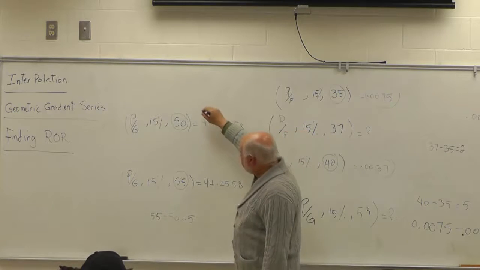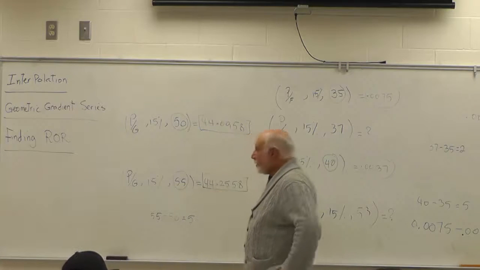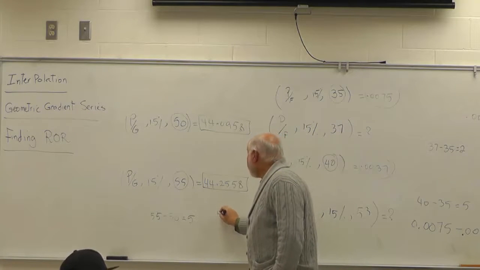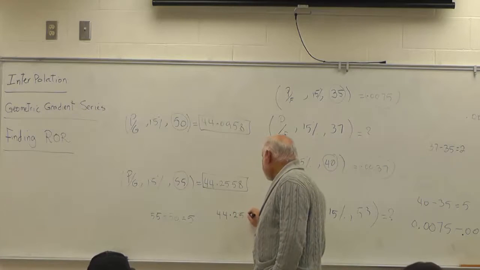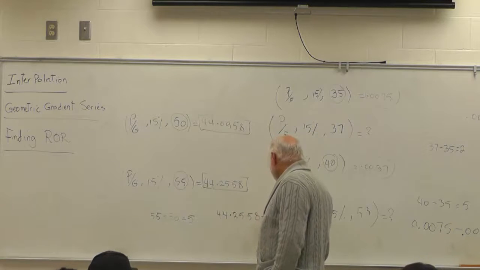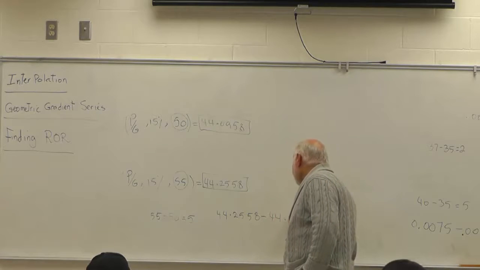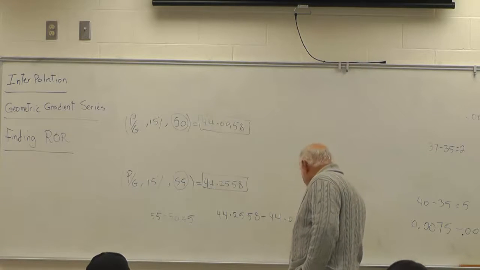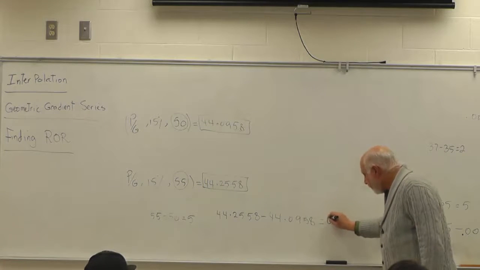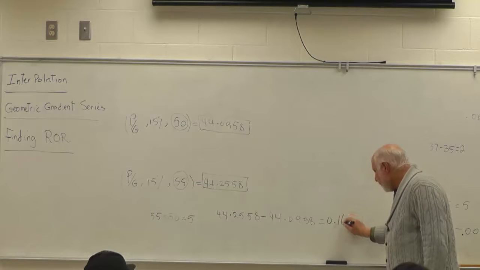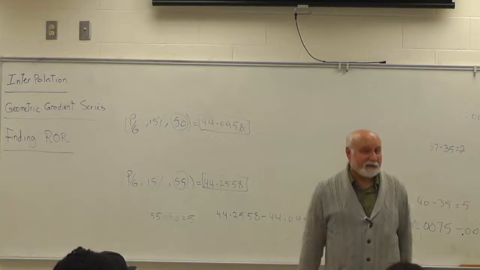And you look at these two numbers, and you say 44.2558 minus 44.0958 is going to be 0.16. Okay. Now this is what you are telling yourself.